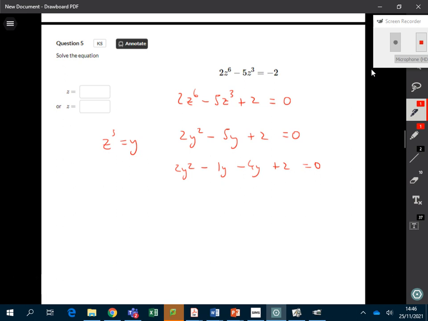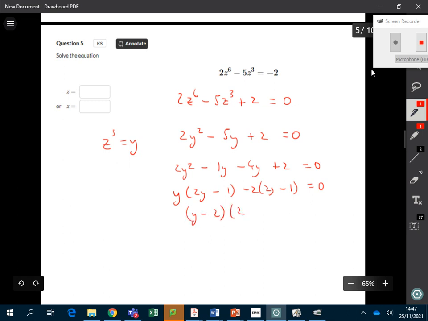And then we can factorise in halves, so we can take a y out there, so 2y minus 1. And then if I've done this right, that'll be 2y minus 1 there, and sure enough I can put a minus 2 in front to make it equal that thing there. So then y minus 2 times 2y minus 1 equals 0.